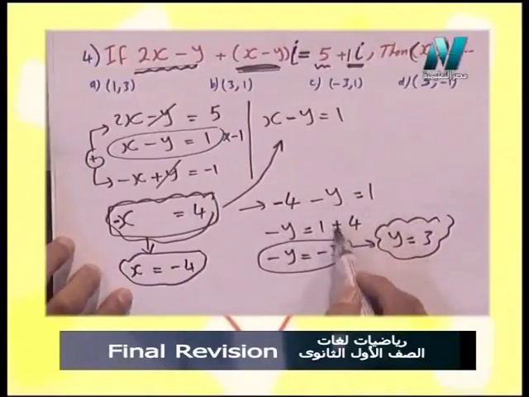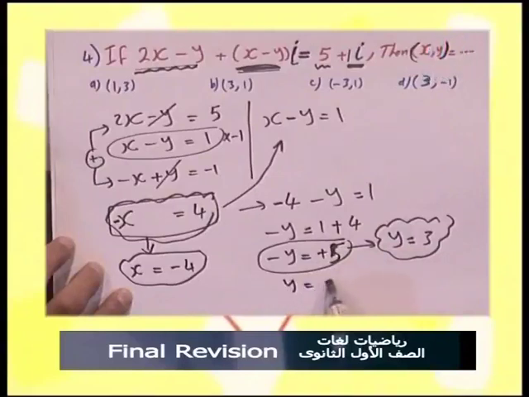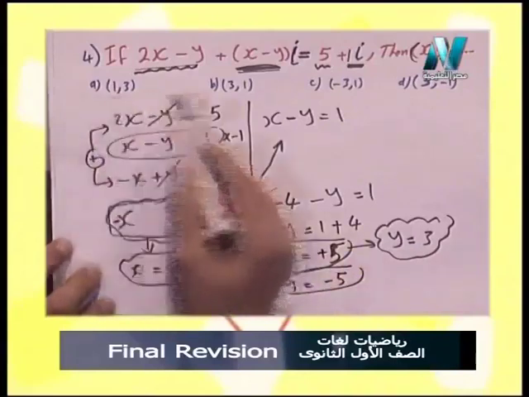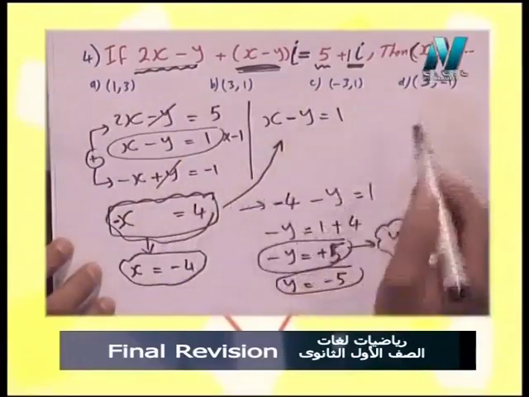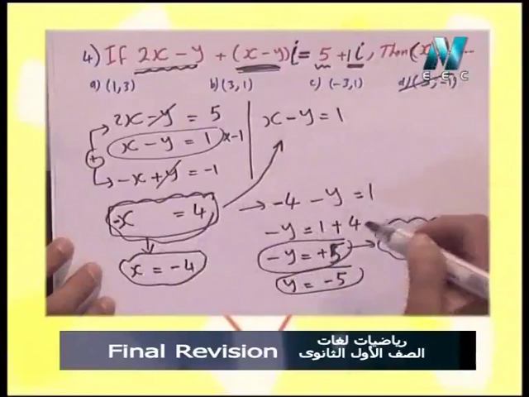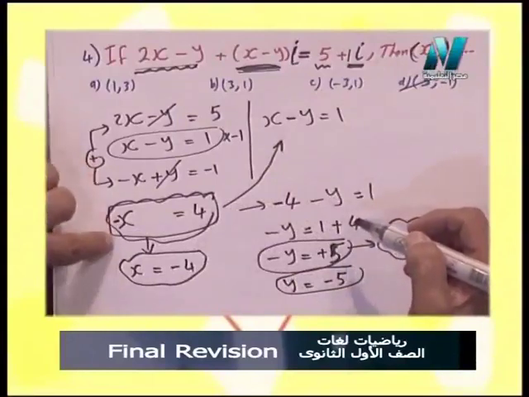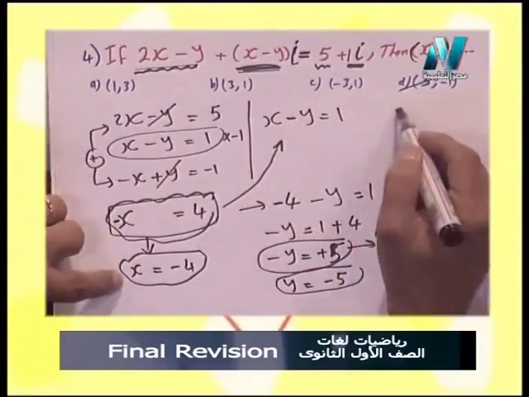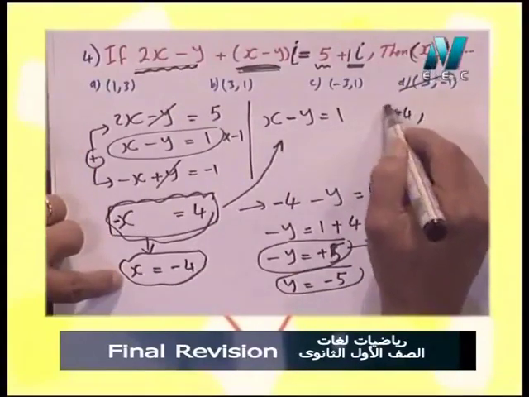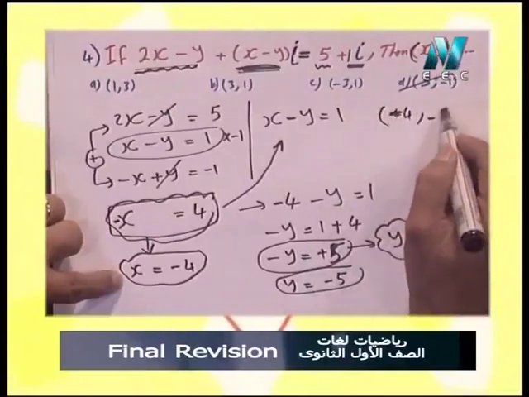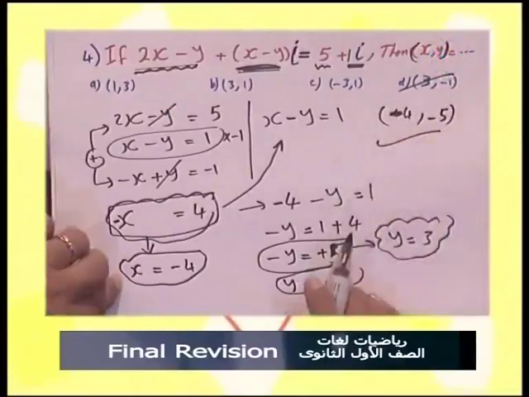So transfer negative 4 to be 4, and negative y equals positive 5. So y equals negative 5. Something is wrong about the choice here. So let x equal negative 4 and y equal negative 5, and this is the answer.